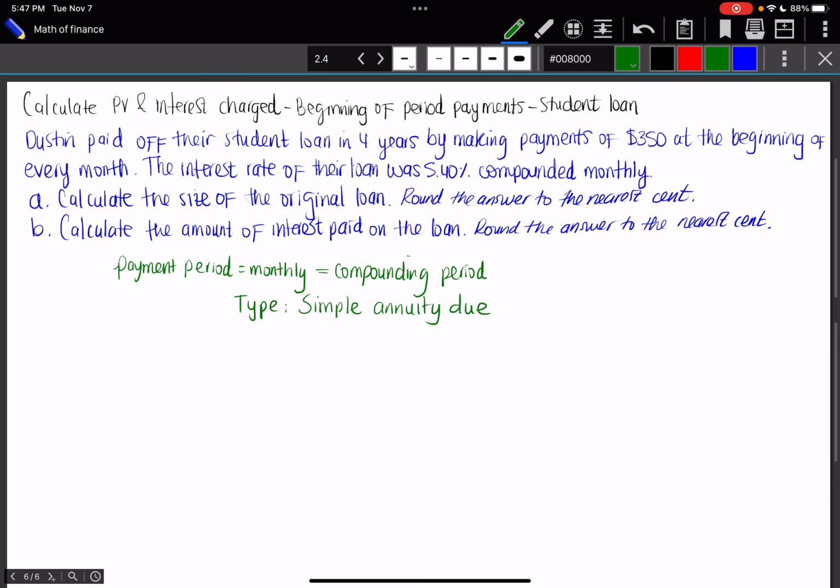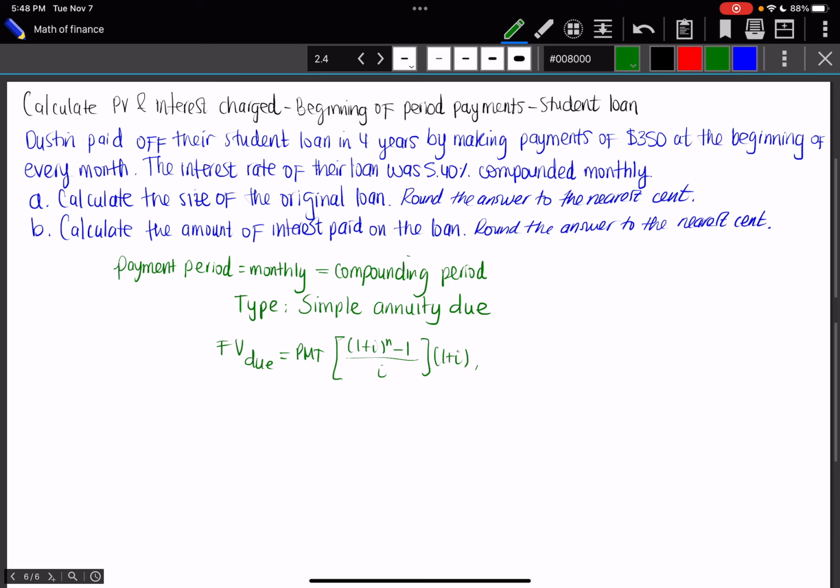One of the formulas tells us that the future value of a simple annuity due is given by this formula: future value equals PMT times (1 plus i to the n minus 1) over i, times (1 plus i), where PMT is the amount of the periodic payment of the annuity, n is the total number of payments during the term of the annuity, and i is the periodic interest rate, the interest rate per compounding period.